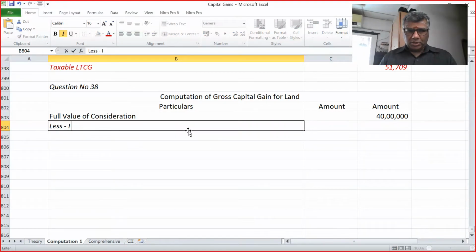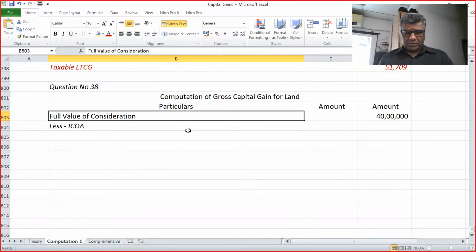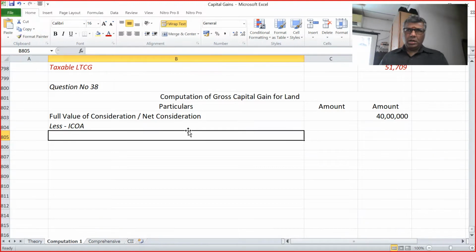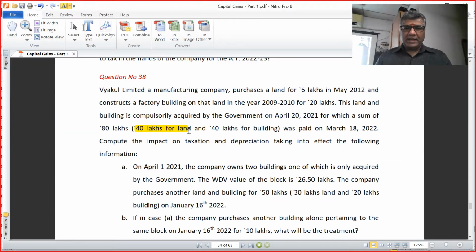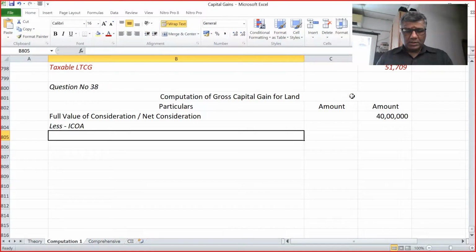Less: indexed cost of acquisition, because this becomes the net consideration also. Please take it as 2009. May 2009, please convert it into May 2009. 6 lakhs into 317 over 148.